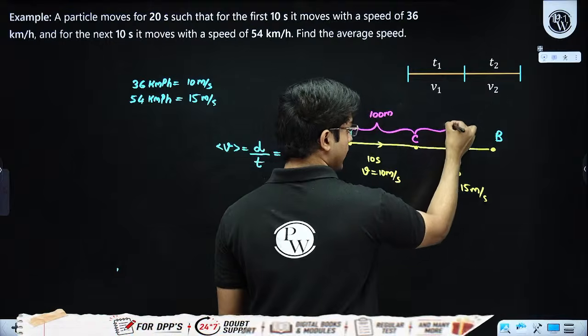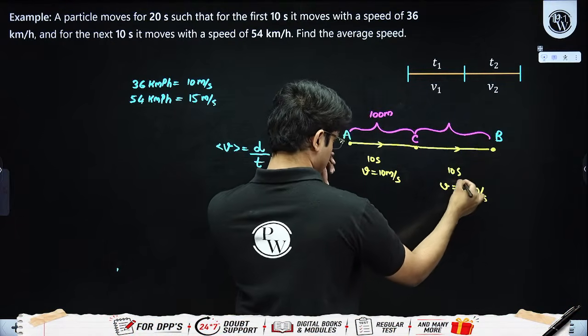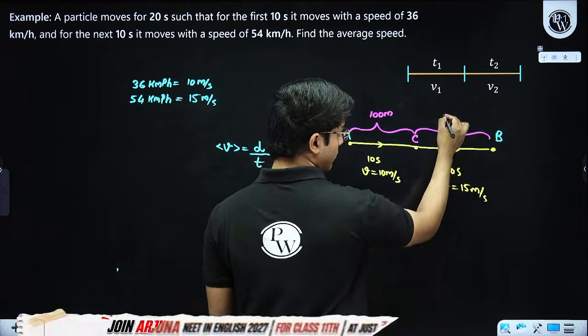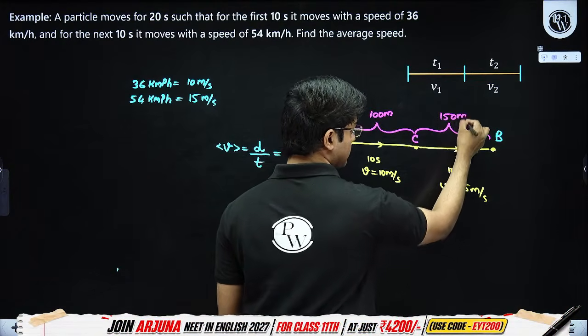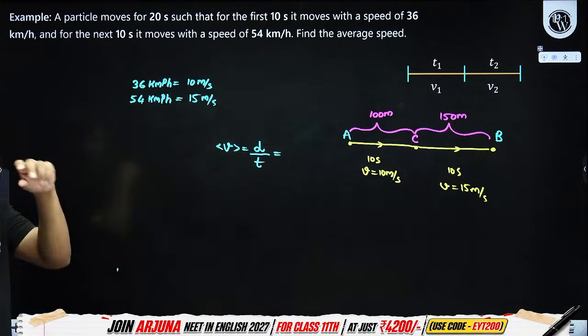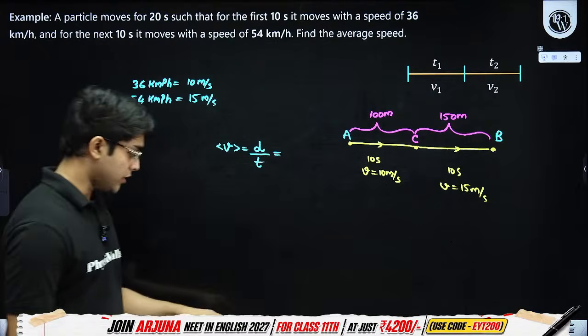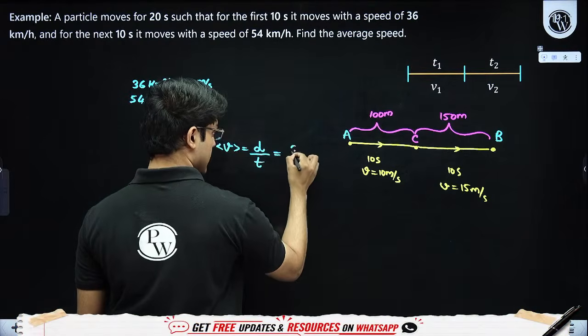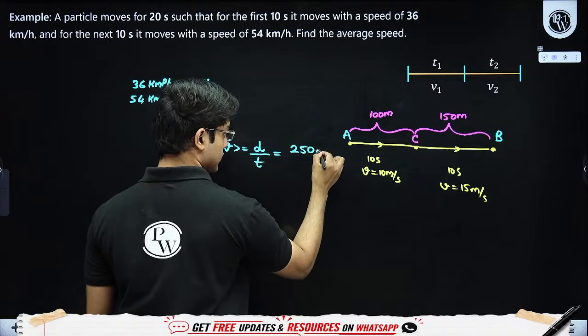And from here to here also, speed is constant, it is 15, so speed into time will be 150 meters. So the total distance traveled in the journey is 250 meters.